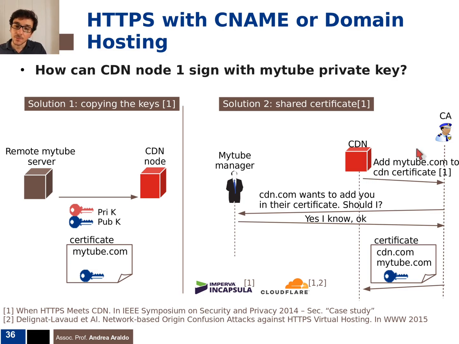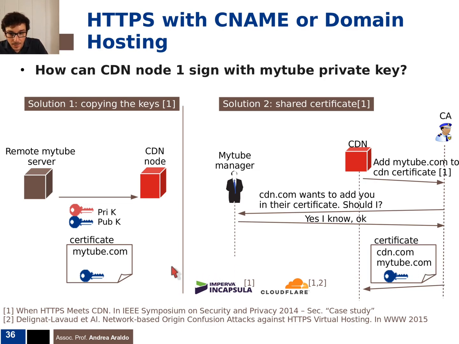Now CDN contacts the certification authority saying, please add to the certificate of CDN also the name of MyTube. You see, what will be created is a certificate where the same public key, that is the public key of the CDN, is associated not only to CDN but also to MyTube.